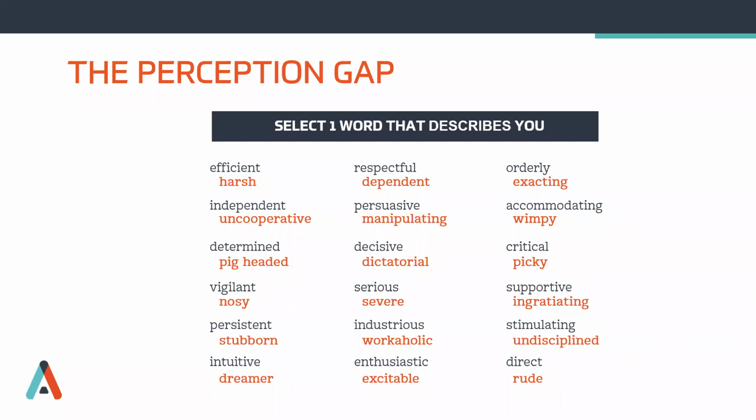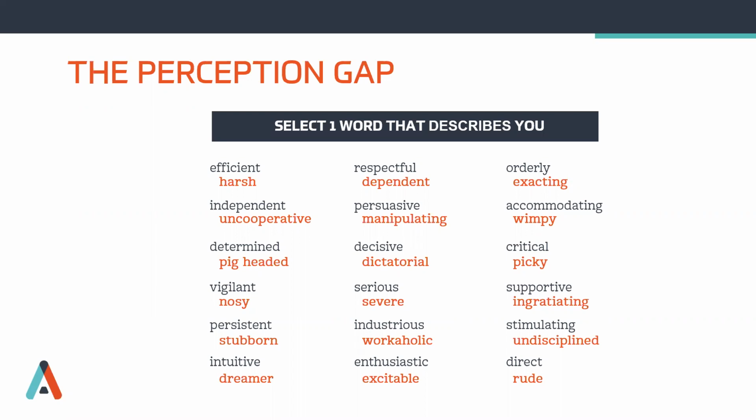Maybe someone has mistakenly described your behavior as being, in this case, if I look at supportive, ingratiating, where someone might think that I'm just trying to build a relationship or do whatever or say whatever needs to be said in order to make that person like me more, and really just to curry favor.